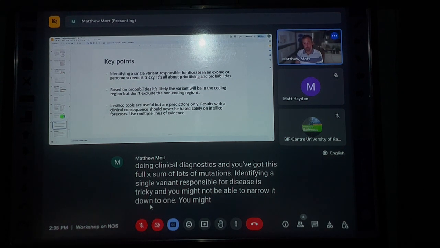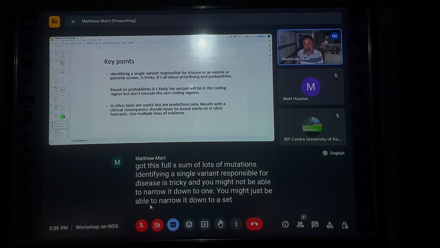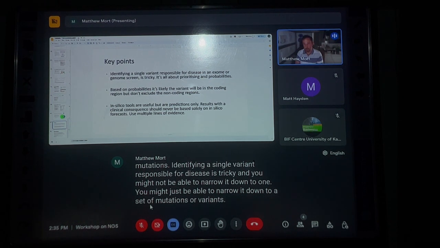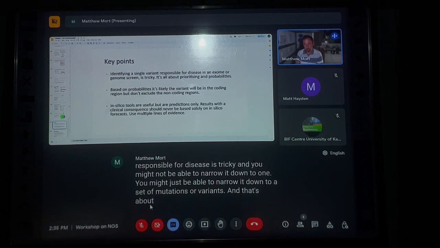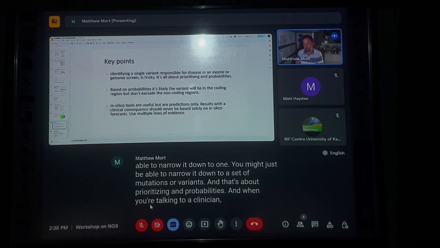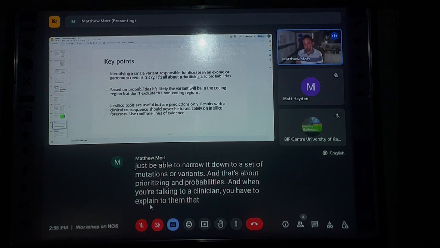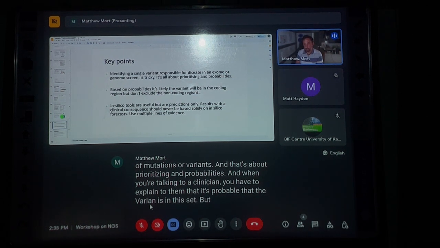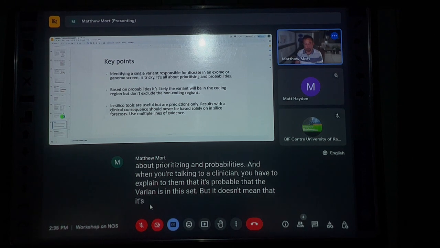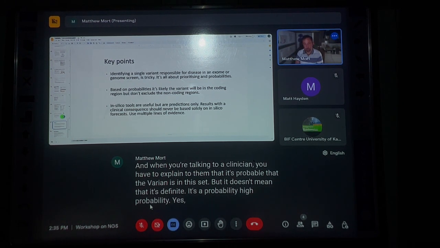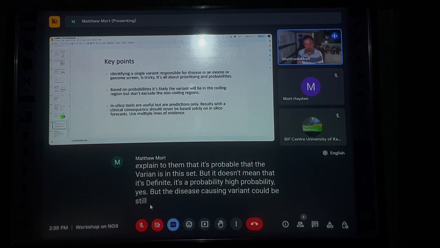You might just be able to narrow it down to a set of mutations or variants, and that's about prioritizing and probabilities. When you're talking to a clinician, you have to explain that it's probable that the variant is in this set, but it doesn't mean that it's definite. It's a high probability, yes, but the disease-causing variant could still have been filtered out.